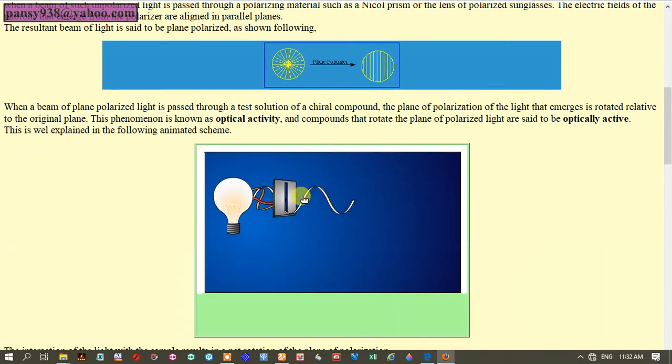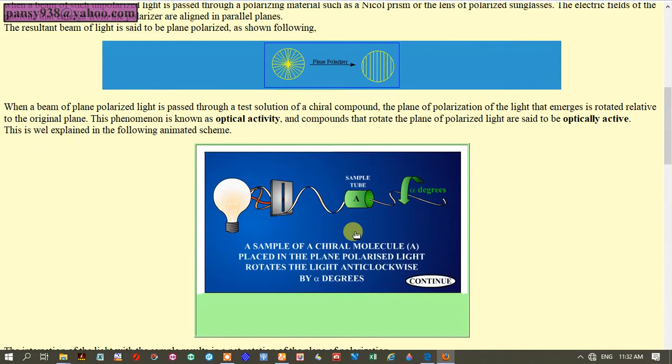And when this single direction or polarized light is passed through a sample of any substance, especially a chiral substance, it rotates this plane polarized light up to a certain degree. For example, we have named this alpha degree in this animation.